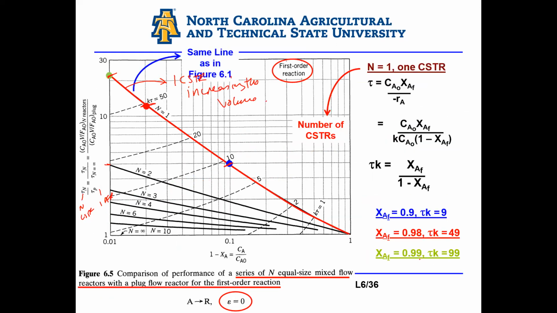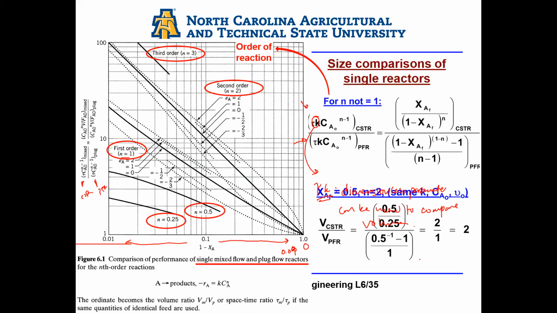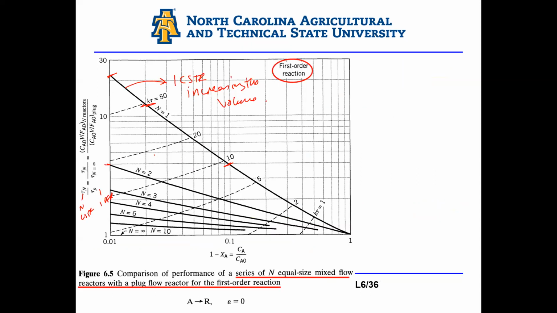If you look at this slide, you can see for a first order reaction, n equals 0, epsilon equals 0 is the dashed line, epsilon equals 1 is the solid line, epsilon equals 2 is this dotted line, and the difference between epsilon equals 2 and epsilon equals 0 is not that large, really. Epsilon does not have a large effect. You're not seeing any different trend. It's just within the margin of error.